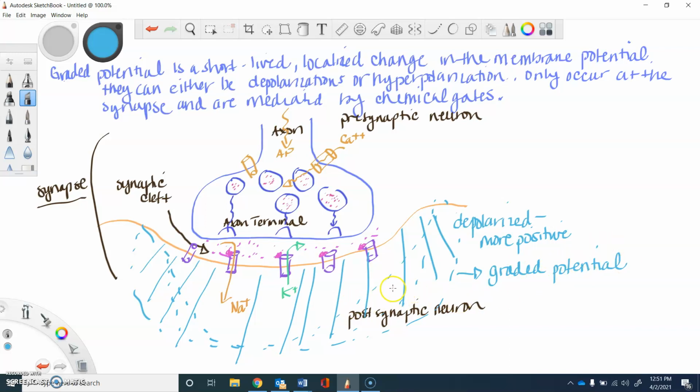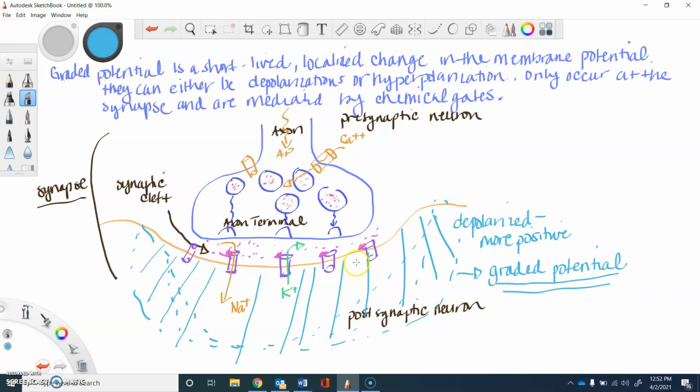So the end plate potential was an example of a graded potential. So the strength of that graded potential is going to depend on how much sodium comes in. So ultimately, that's going to depend on how much neurotransmitter comes across, how much neurotransmitter is going to bind here, and how many of those gates are going to open. Okay, so the more sodium we have coming in here, the stronger this potential is going to be.